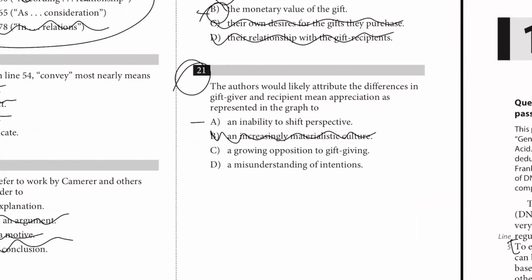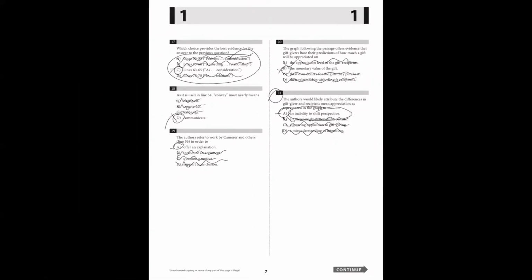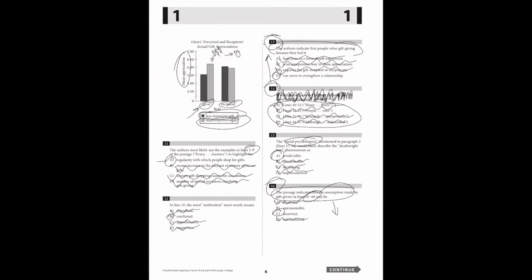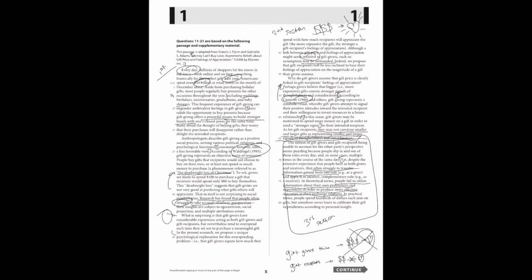And growing opposition to gift giving. Does it ever talk about a growing opposition, like a movement against gift giving, that it's no longer a tradition? We don't like gift giving anymore. No. A misunderstanding of intentions. No, that's a little too wide. We need to be a little more narrow with our answer choice. An inability to shift perspective is your right answer. And that is how you do SAT test 1.